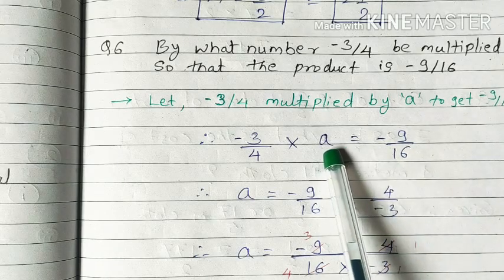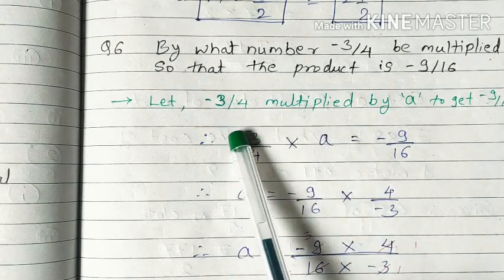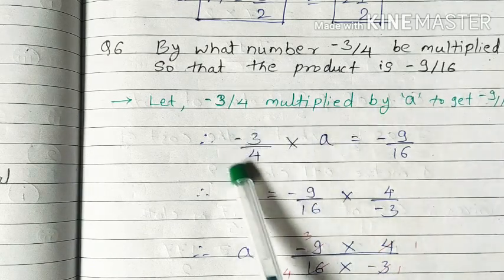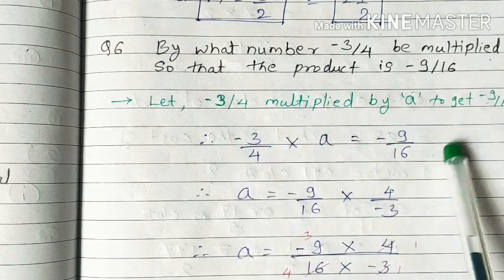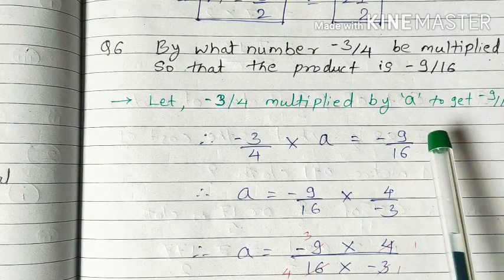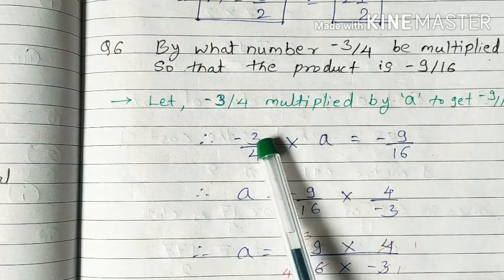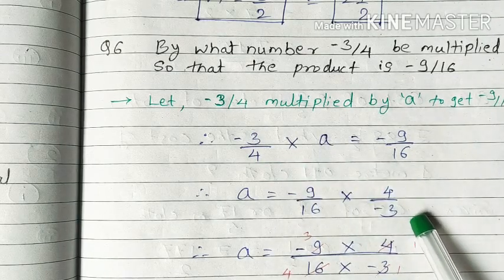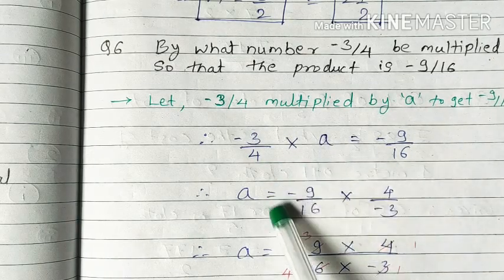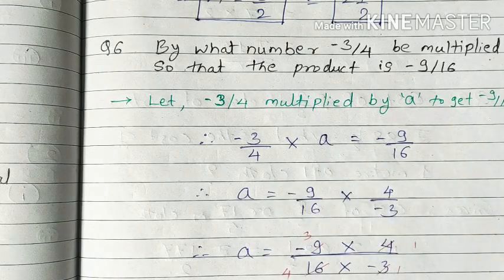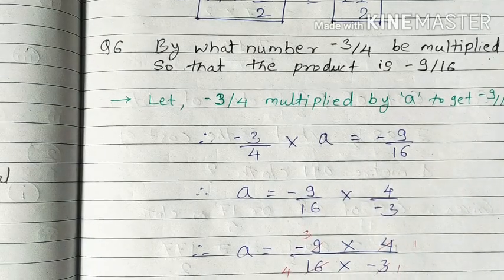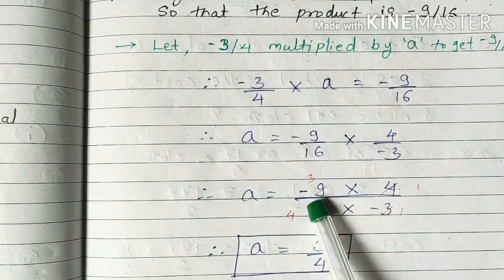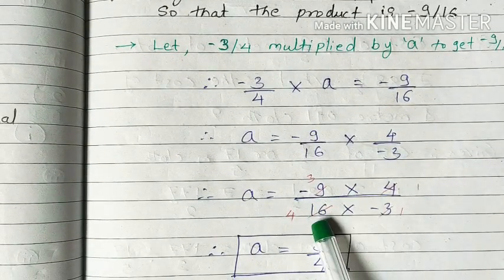We want to find the value of A, so let us shift this minus 3 upon 4 to this side, correct? While shifting this minus 3 upon 4 to that side, it becomes a reciprocal. So the reciprocal of minus 3 upon 4 is 4 upon minus 3, and the multiplication of these two gives us 3 upon 4. Got it? 3 3s are 9, 4 4s are 16.